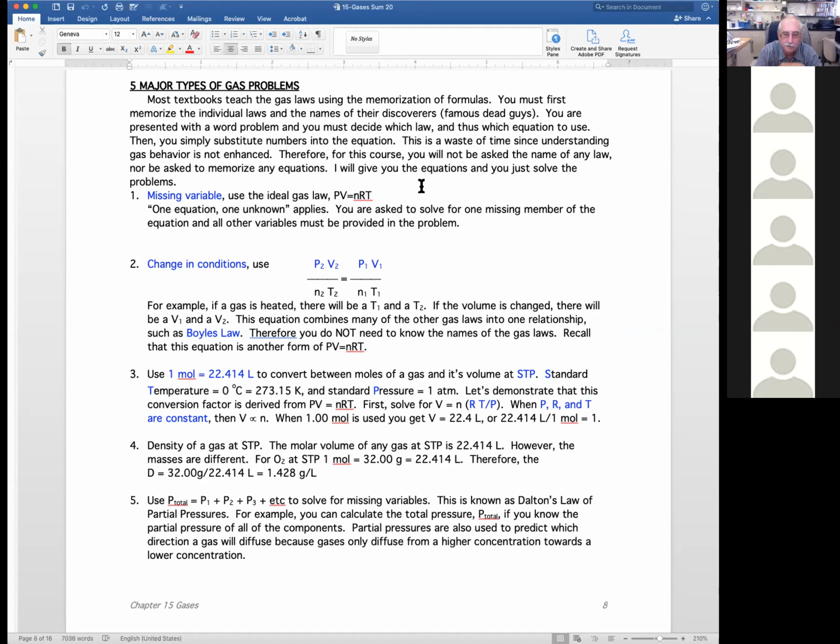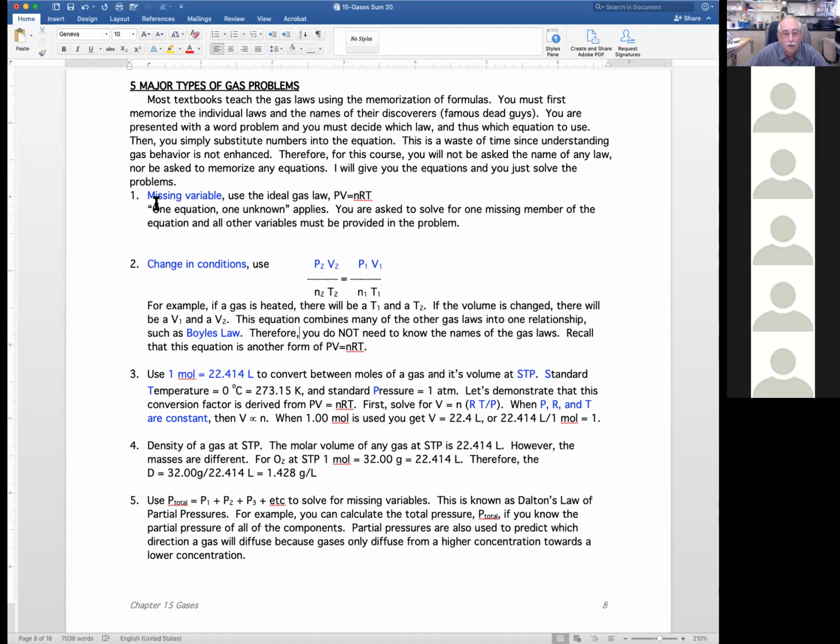There's Boyle and Charles and Gay-Lussac and Avogadro. Anyway, I don't care about those famous dead guys. And I don't want you to have to memorize a bunch of equations. I don't want you to memorize anything. I want you to understand things. So I'm going to show you a way that you won't have to memorize all those things.